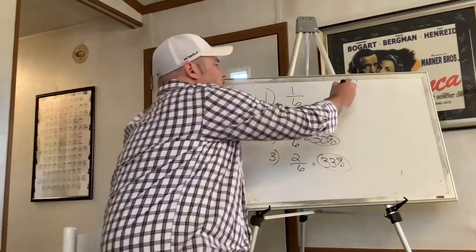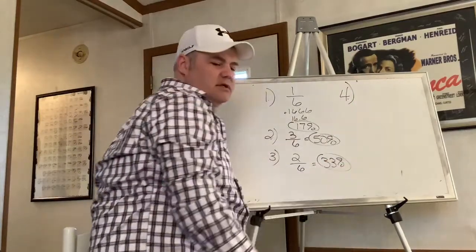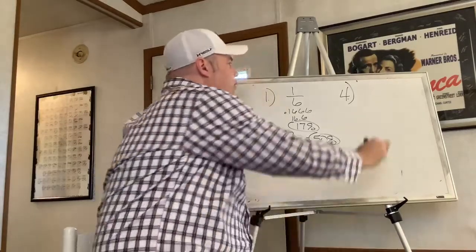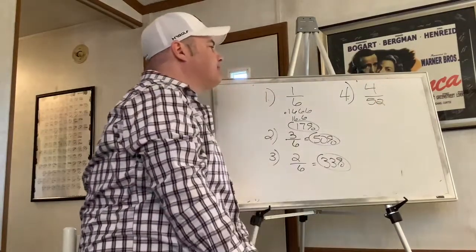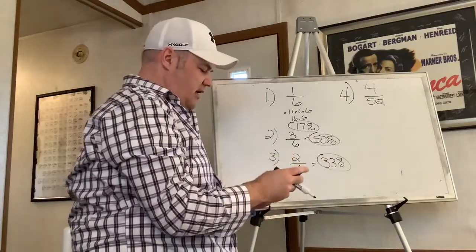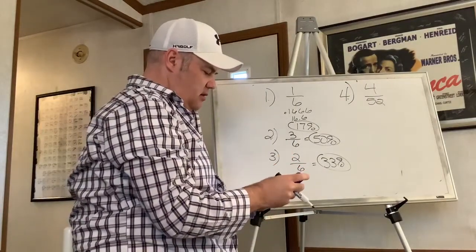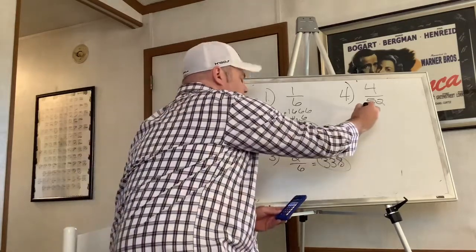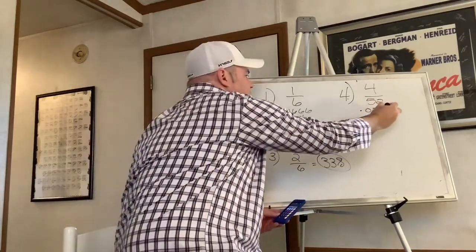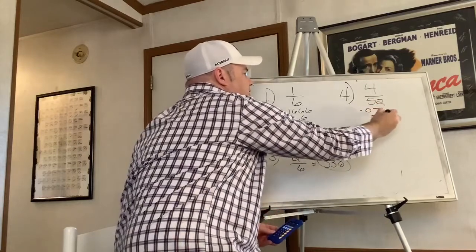Then I had you doing the cards, the deck of cards, and your chance of drawing a 4 was 4 out of 52, which as a percent, if you round, comes out to 0.076 and so on. Move it twice, round to the nearest percent.